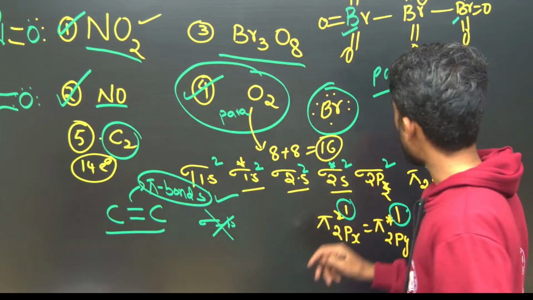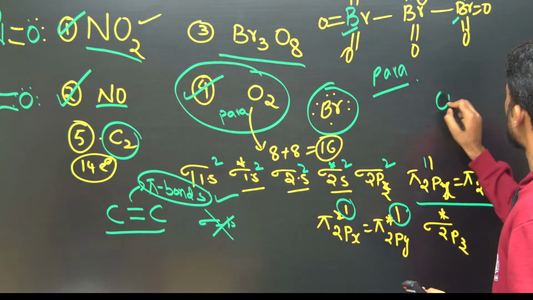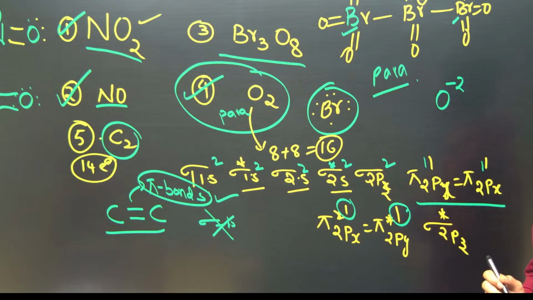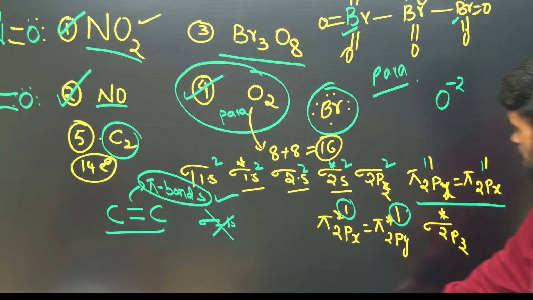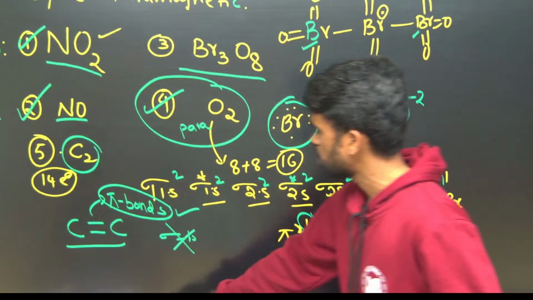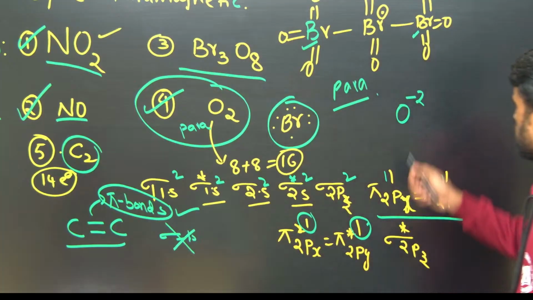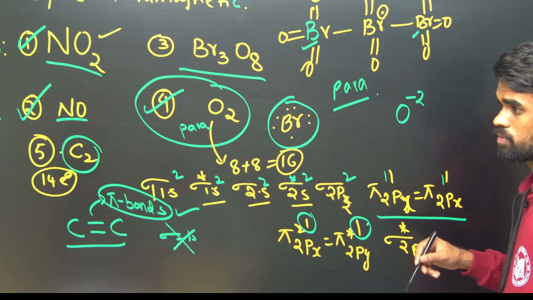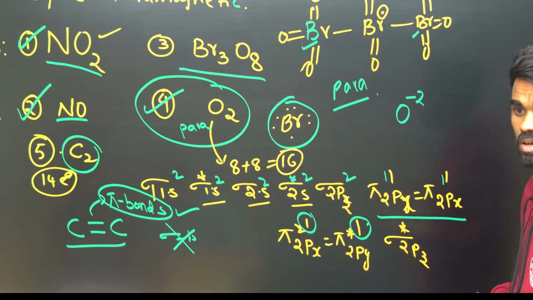Now if I ask, I am giving you O minus 2, whether it is diamagnetic or paramagnetic. This is not O2 minus 2, it is just O minus 2, the oxide ion. So when they give the oxide ion, tell me, oxygen contains how many valence electrons? 8 now.